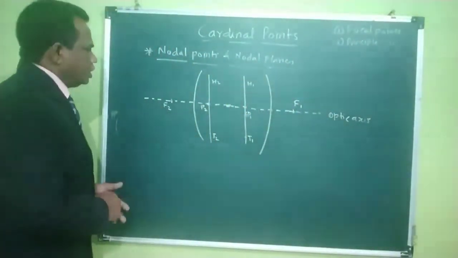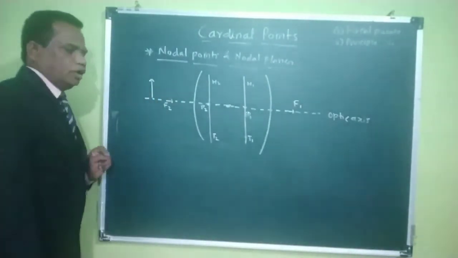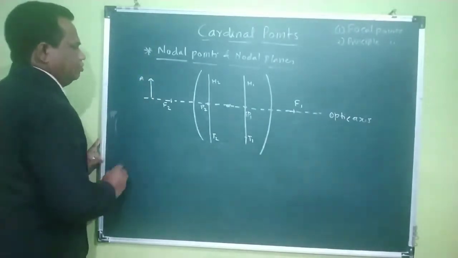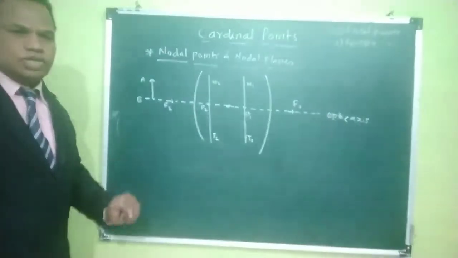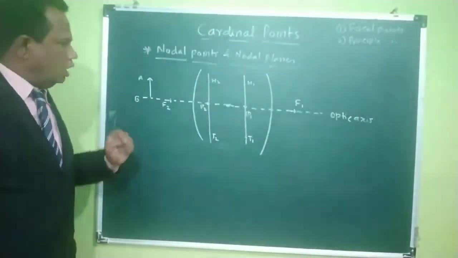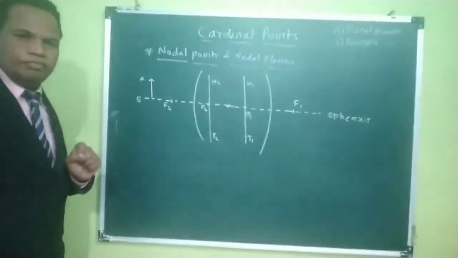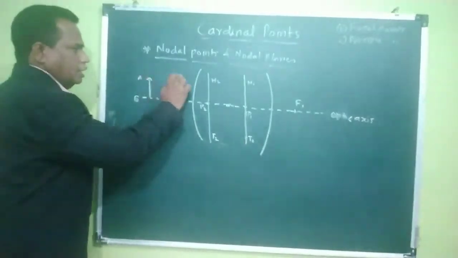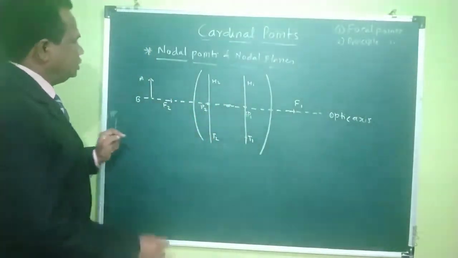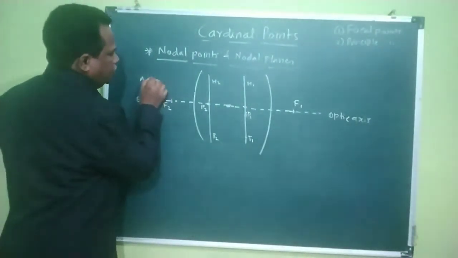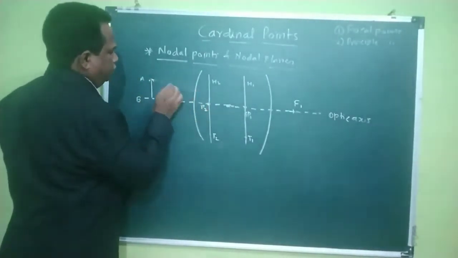Now, I will put an object here. I will name this object AB. I will draw one ray starting from the tip of the object, not parallel to the principal axis as we considered earlier, but slanting.